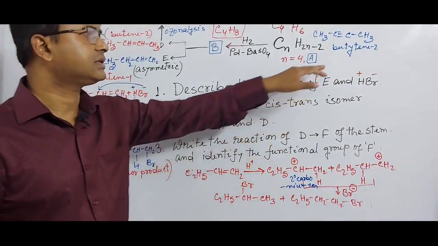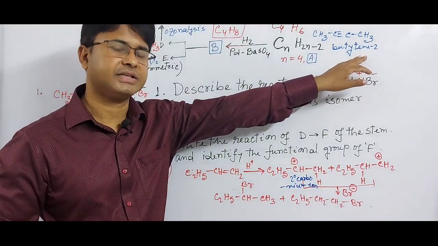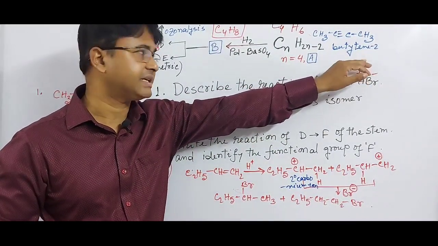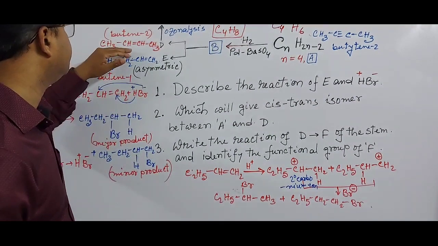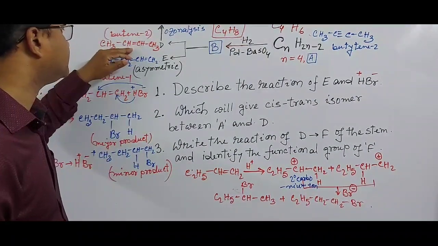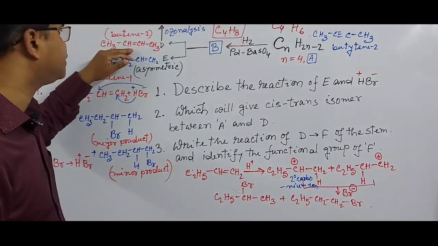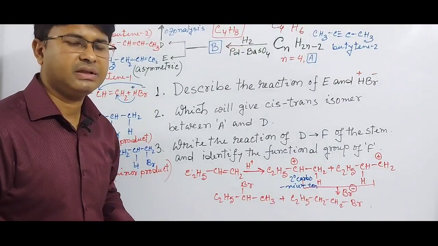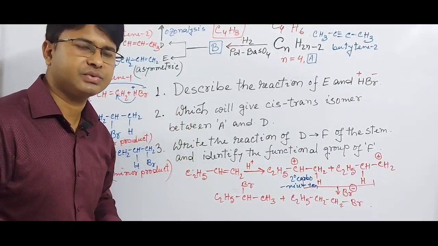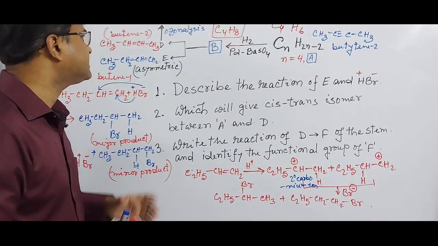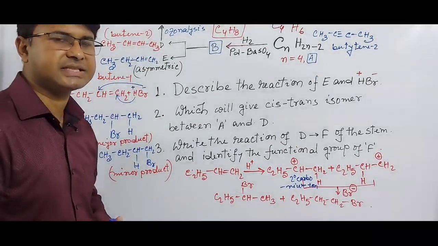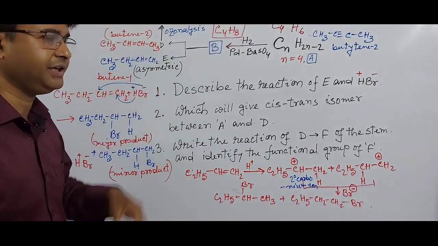Butyne 2 does not give geometrical isomerism, I mean cis-trans isomerism, but butene 2 gives cis-trans, I mean geometrical isomerism. Now I would like to explain the reason for compound D giving cis-trans isomerism.